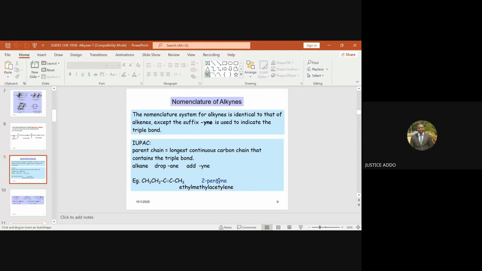YNE. Okay. So in naming an alkyne, you first of all select the longest continuous carbon chain that contains the triple bond, because the triple bond is the functional group of alkynes. So if you are selecting your longest chain, it should contain the triple bond. If it does not contain the triple bond, then you are not naming an alkyne.